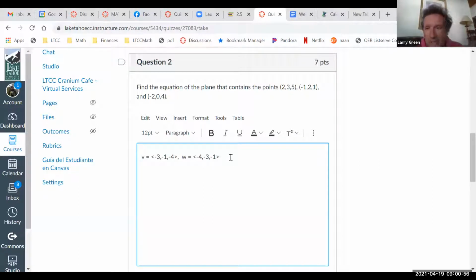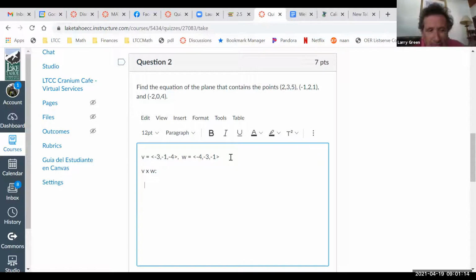Who remembers? Yeah, we want to take the cross product of the two vectors, because the cross product of the two vectors on the plane will be normal to the plane. Exactly. So now let's take v cross w.